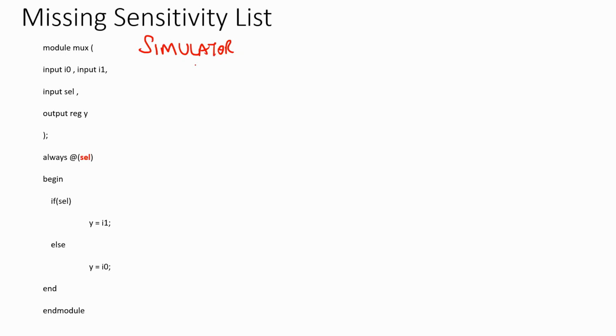The simulator works based on something called activity. That is, the output will change only when there is a change in the input. Correct? Let's say, for example, I take a simple AND gate. Now, why is the output changing? If the output y is changing, the y will change because there's a change in a, or because there's a change in b.